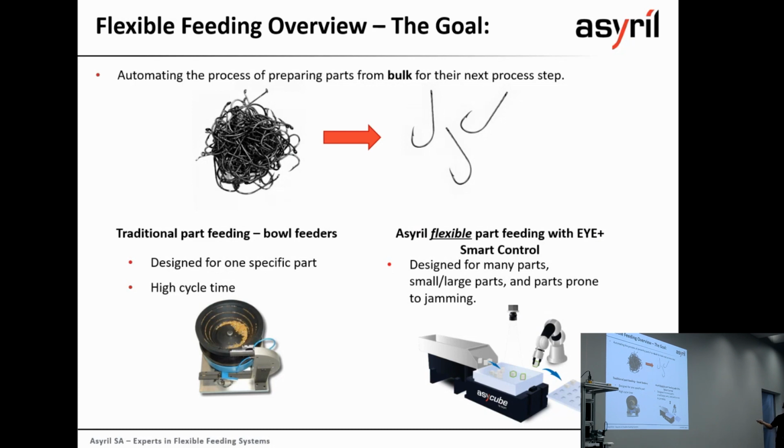Our CEO developed the ASICube for the watch industry for feeding delicate parts, as well as hard to feed parts. So we like to think that it's designed for many parts, small and large parts, and parts prone to jamming. If you use bowl feeders, you know that jamming is a pretty consistent thing that you'll see, especially with difficult to feed parts. And at Asyril, we try to avoid this scenario.